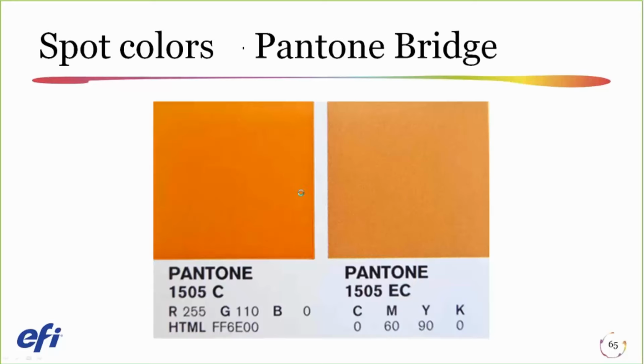Any of you that are familiar with the Pantone Bridge book, if you look at that, there are two patches for every color. One color is the specific color of ink printed. This is what the color is supposed to look like. The second half, the not so attractive half of the Pantone Bridge book, shows us what the color will look like as accurately as Pantone thinks we can get printing on a 4-color press.